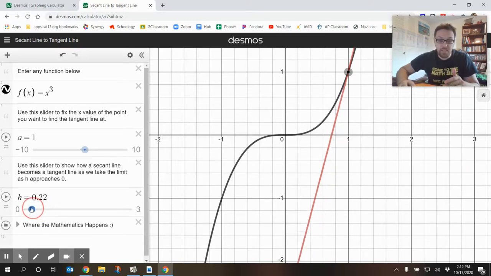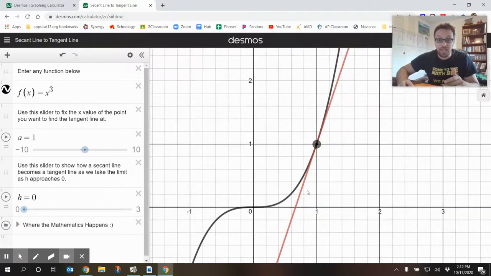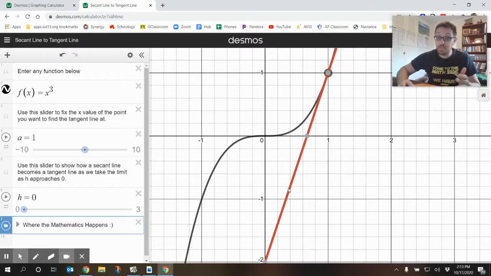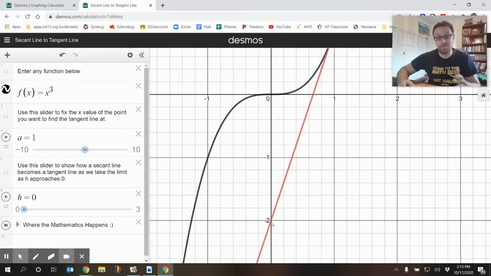But as this thing gets closer and closer to 0, now this is a tangent line, so it just touches right off. It's got a point right here, and we got a slope of 3 over 1. So we got a slope of 3. And look, it's going through -2.